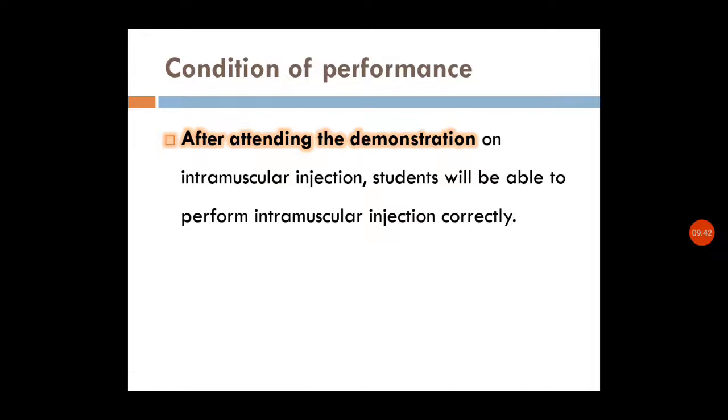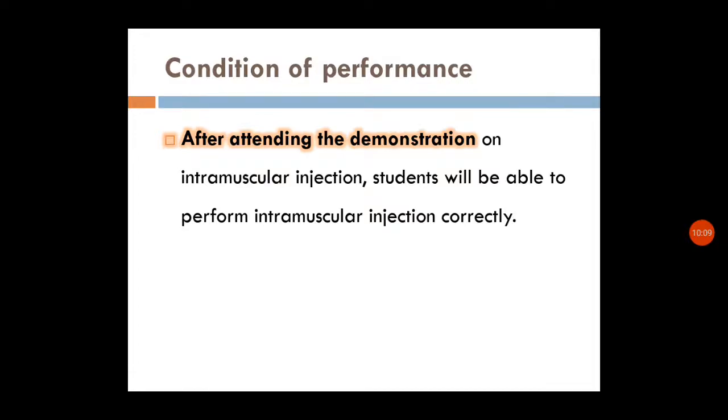In this example it is after attending the demonstration or after attending the lecture, that is the condition. In various ways we can write: at the end of the lecture, at the end of the demonstration. These all are the condition of performance.